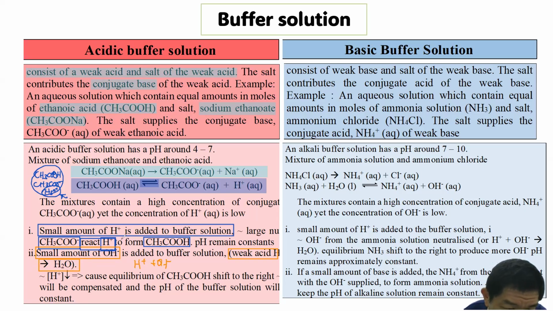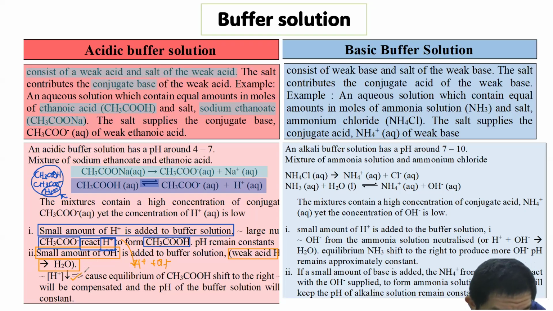This one is from the acid, plus OH minus. Using the previous example, you have pKw equals pKa plus pKb equals 14. So here you are going to use the same principles to explain why, at the end of the day, the equilibrium is not disturbed when a little alkali is added.